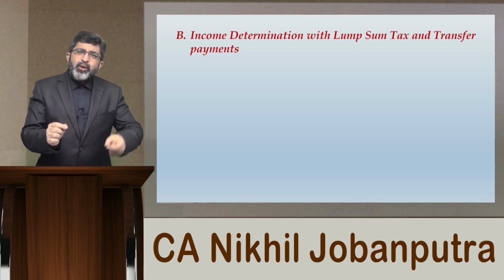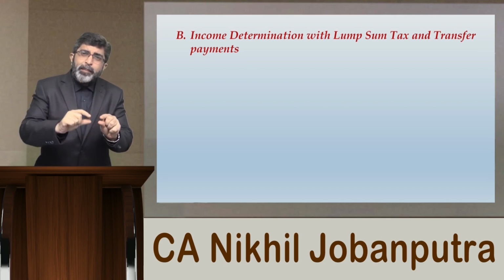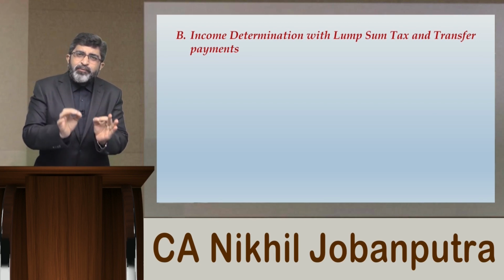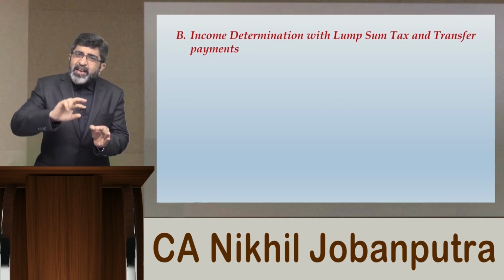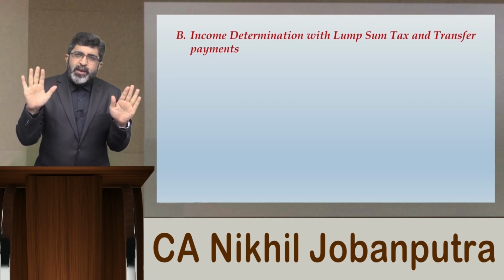So wherever tax was subtracted, over there the transfer payment will be added, and wherever tax was added, the transfer payment will be subtracted. In other words, the transfer payment will have the opposite effect of tax. That is the only difference over here.